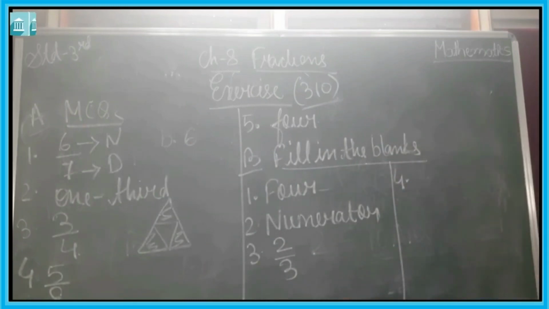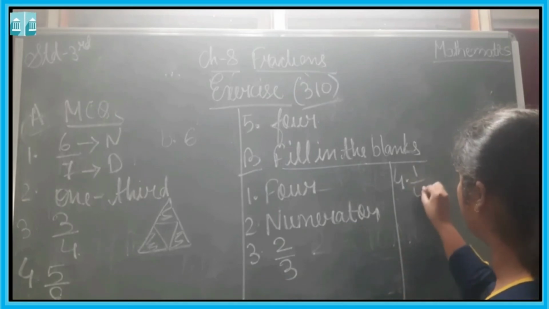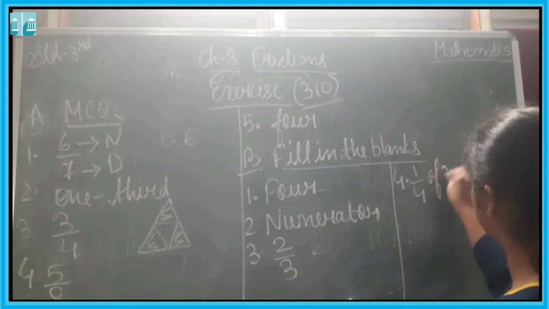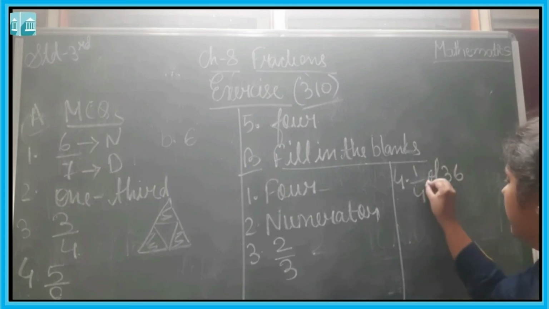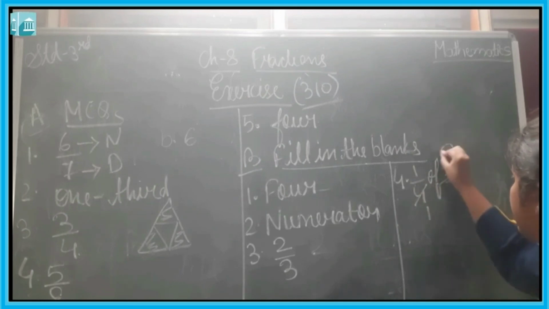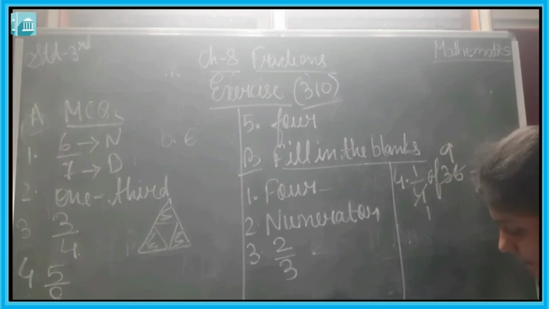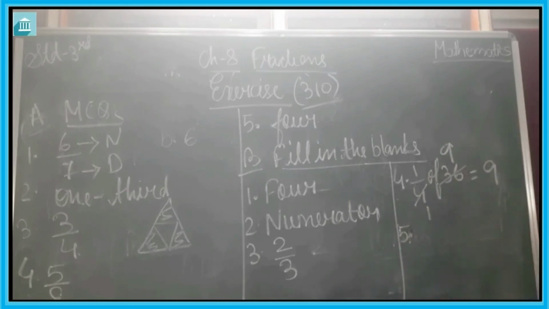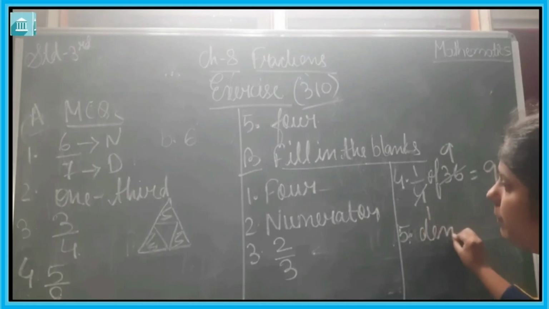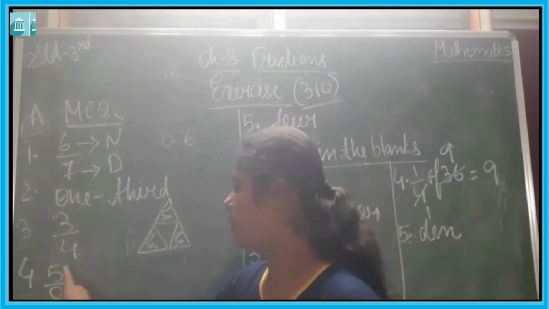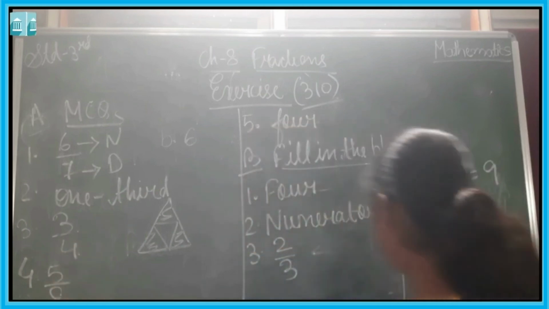Next one. 1/4 of 36. 1/4 of 36 means 4 9s are 36. So we got it as 9. In a fraction, dash tells the total parts of the figure. Which part tells the total parts of the figure? Denominator.